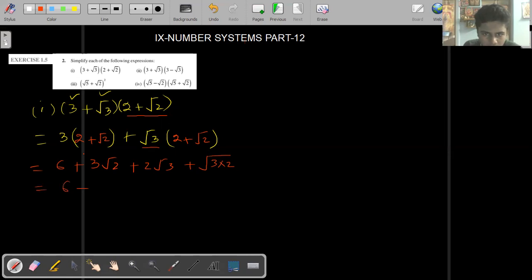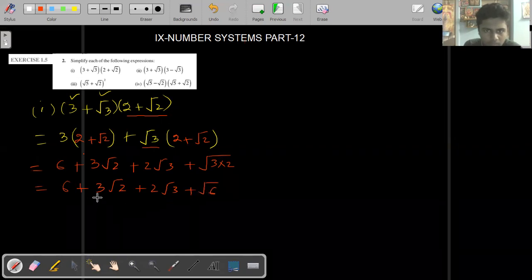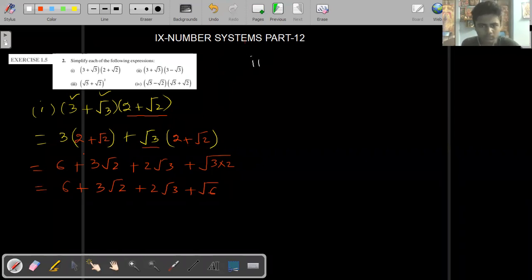So we get 6 plus 3 root 2 plus 2 root 3 plus root 6. There is no like term, so we cannot simplify further. If we have some formula, we can apply it. Otherwise, we will multiply directly.